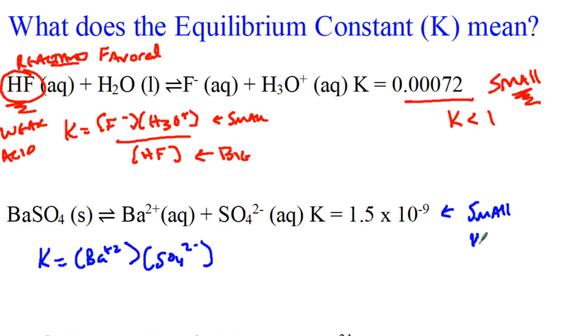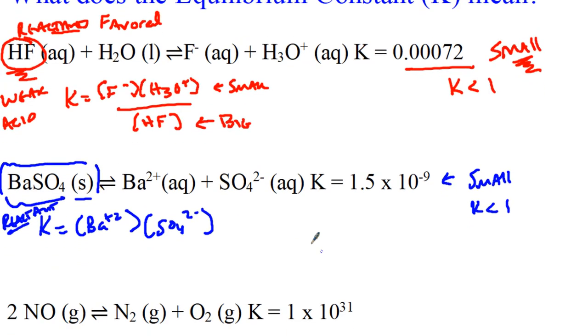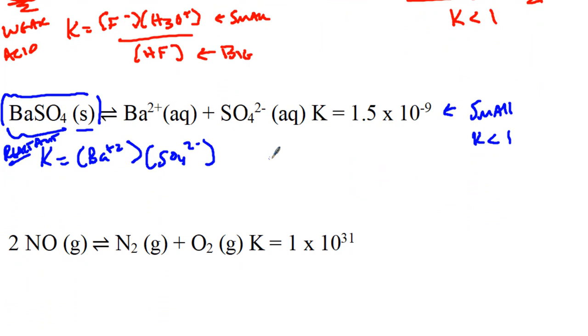That K is less than 1, which means who is favored if the K is really small? The reactants are favored, which means this will not split up. This will stay as a solid, which means barium and sulfate, if you put them together, will become a solid or precipitate because the K is really, really small.